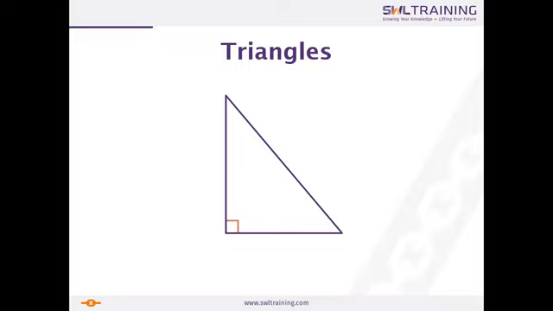Now in terms of the sides of a triangle, the longest side of a triangle is always called the hypotenuse. The other two sides are called the adjacent and the opposite sides. But which is which actually depends on what angle you're referring to. So in the UK and Europe, with regards to lifting, we're usually referring to the top angle.